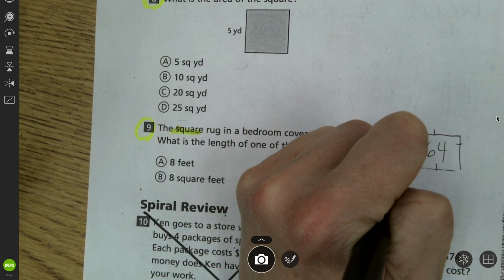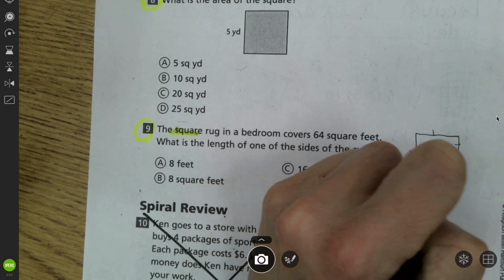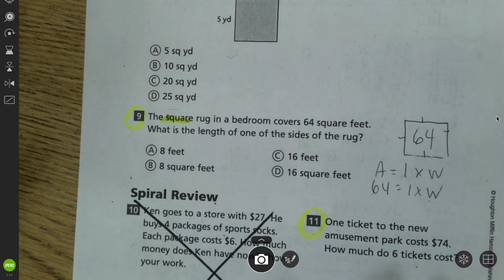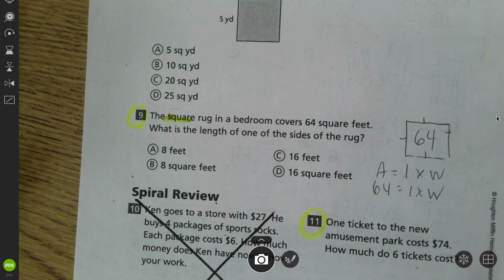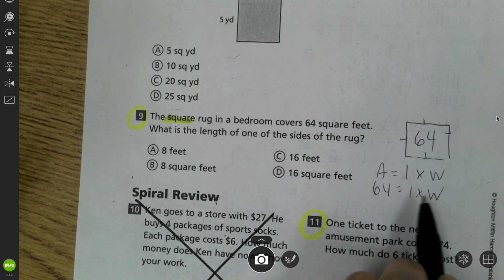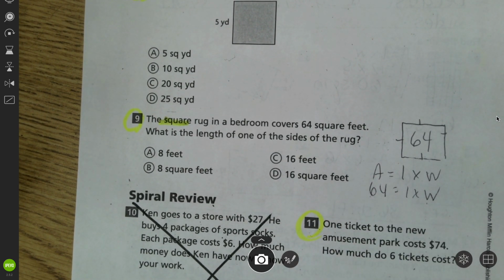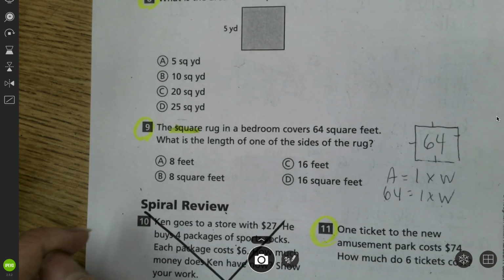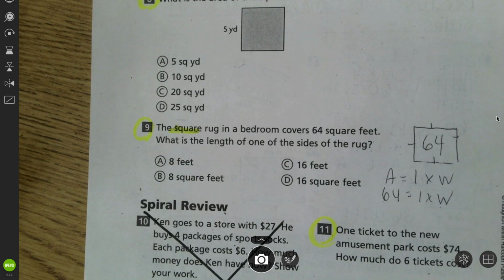So our formula is area equals length times width. We know the area is 64 equals length times width. You have to figure out what the length and the width is. Here's a clue. They're the same number. So two numbers multiplied together that are each the same number equals 64. You can multiply each one to try and figure it out, okay?